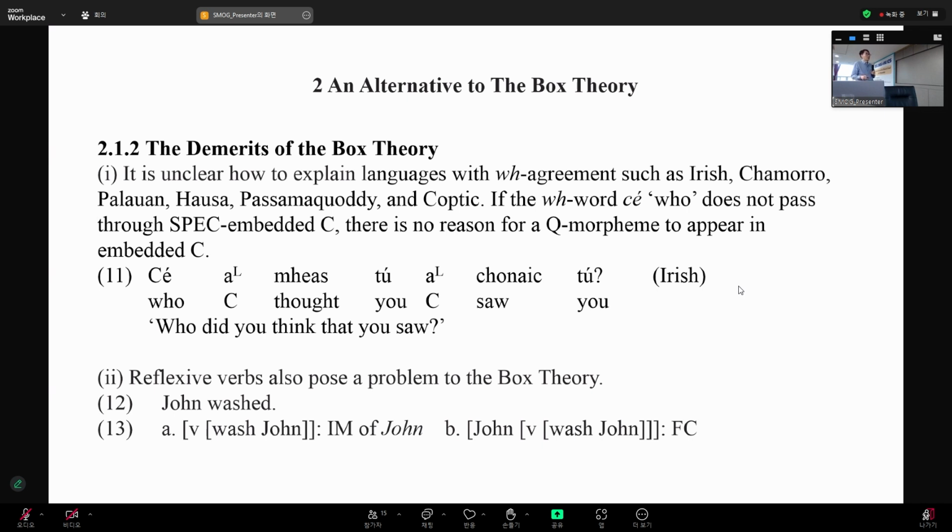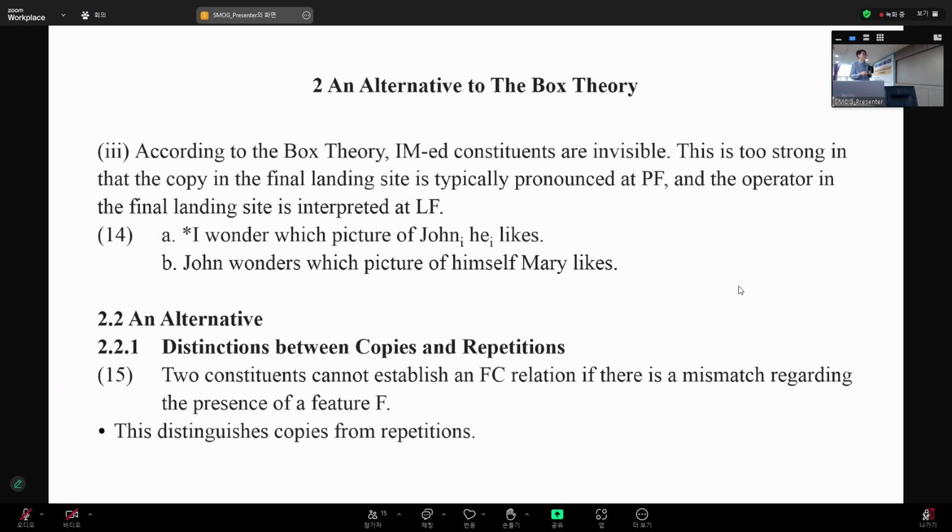I think there is a serious problem. And another problem is that reflexive verbs also pose a problem for the box theory.